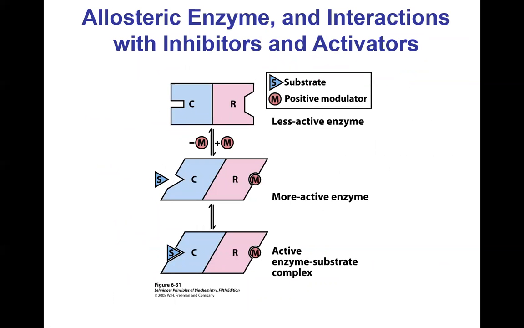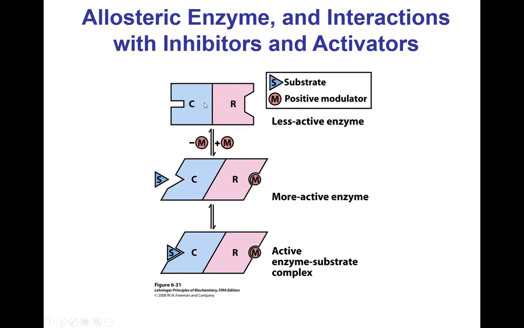With that, let me talk a little bit about allostery. What is allostery? You already know this, right? In many enzymes, you have a catalytic unit, and then distant from the catalytic active site, you have a regulatory unit, represented by R, a modulatory unit, where a positive modulator or a negative modulator can bind and affect the catalysis in the active site.